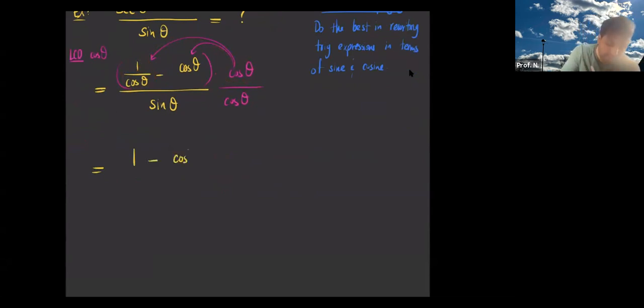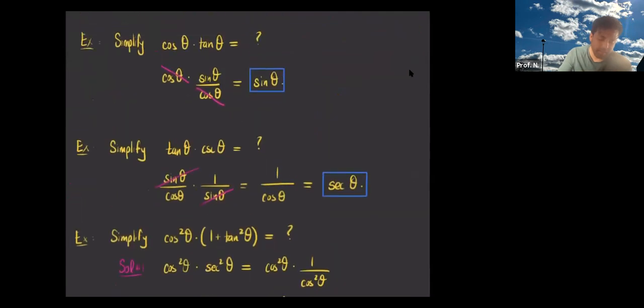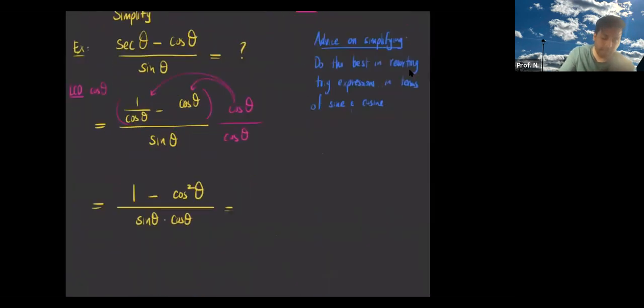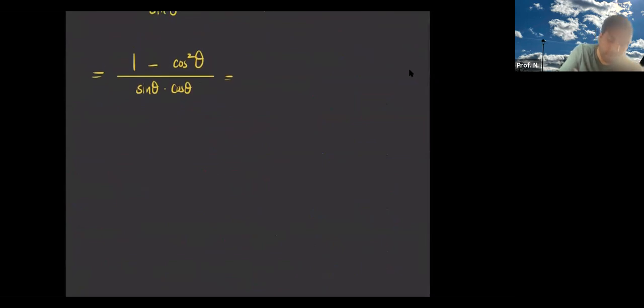It's cosine squared theta. And what's the denominator going to be? Sine theta times cosine theta. But what's 1 minus cosine squared theta? Didn't we just write this down? 1 minus cosine squared theta is also written as sine squared theta. Do you see that? So I can write this as sine squared theta now. And why did I do that? Because I saw that there's a sine theta in the denominator.